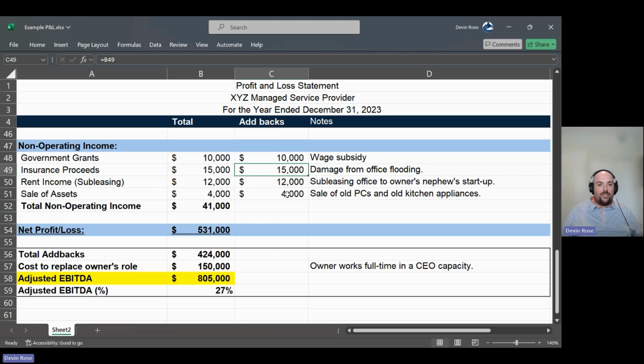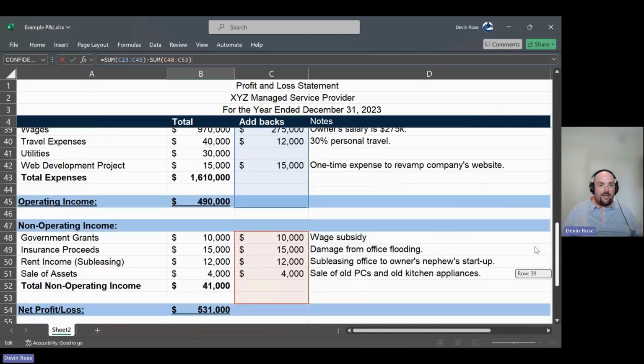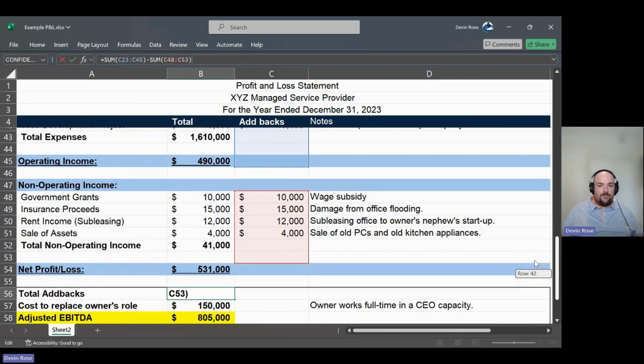It's worth noting that because these are income items, they actually get subtracted versus the add backs, as we'll see here, because we have our total add backs amount here. You can see there's the sum up here of all the expenses which are added back, and then the non-operating income line items get subtracted.